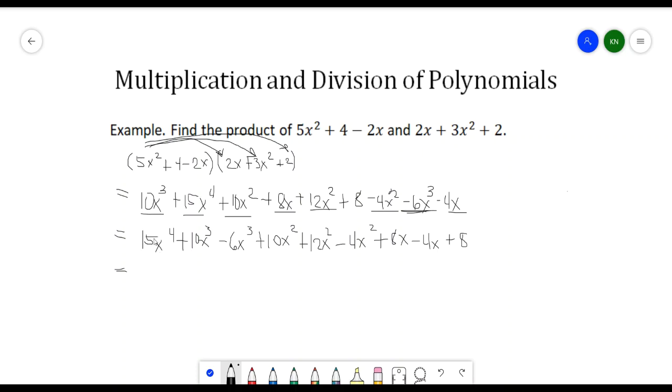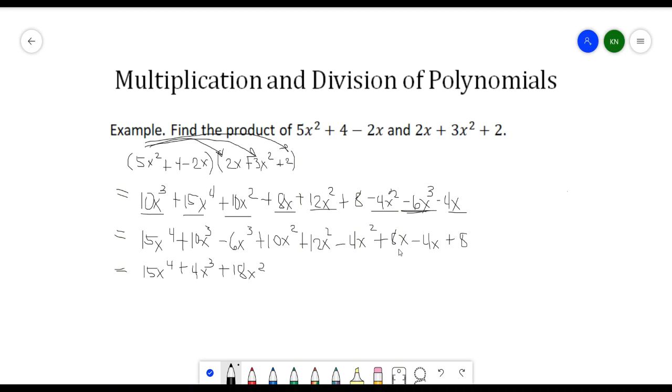So for this one, since x to the fourth is the only highest power here, let's just rewrite this one here. So we have 15x to the fourth. Now 10 minus 6, that is equivalent to positive 4x cubed. 10 plus 12, that is 22, minus 4, that is 18. So that's positive 18x squared.